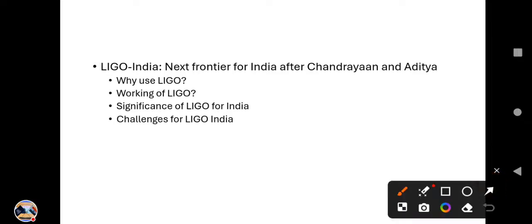And what is LIGO India? Laser Interferometer Gravitational Wave Observatory India. It simply means the Union Cabinet has approved a project to build an advanced gravitational wave detector in the Hingoli district in Maharashtra.